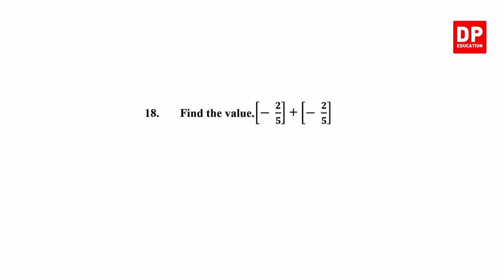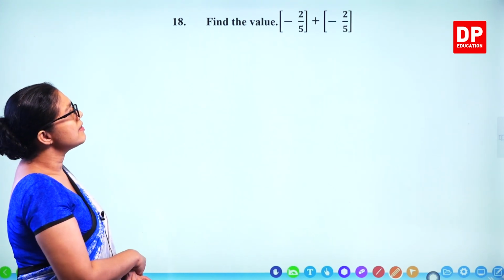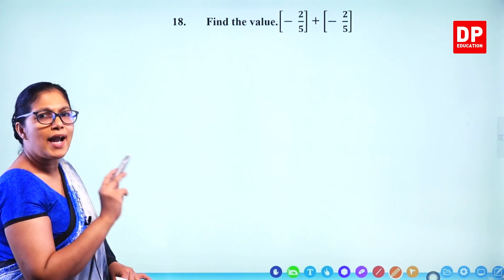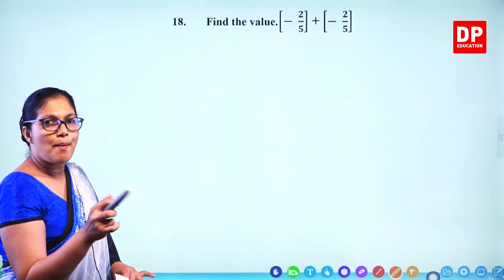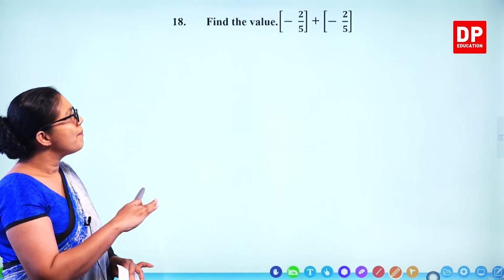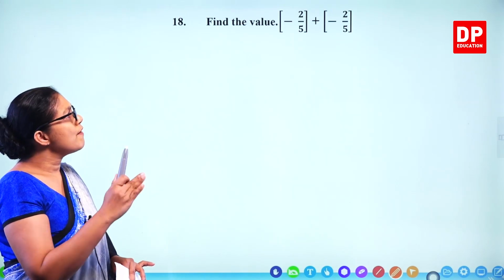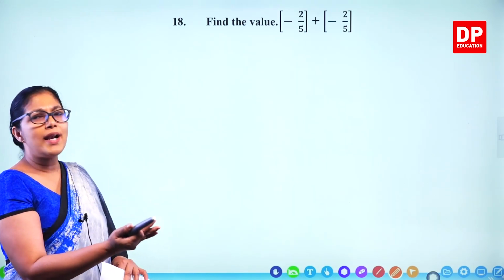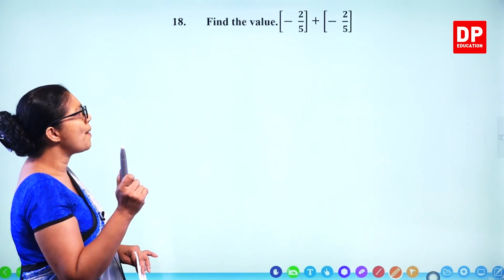Question number 18. Find the value of -2/5 plus -2/5. Both are minus, so same sign. You add the numbers and put the sign. Plus plus is also plus. Minus minus, adding is minus. If one is plus and one is negative, you take the difference and put the sign of the larger number.